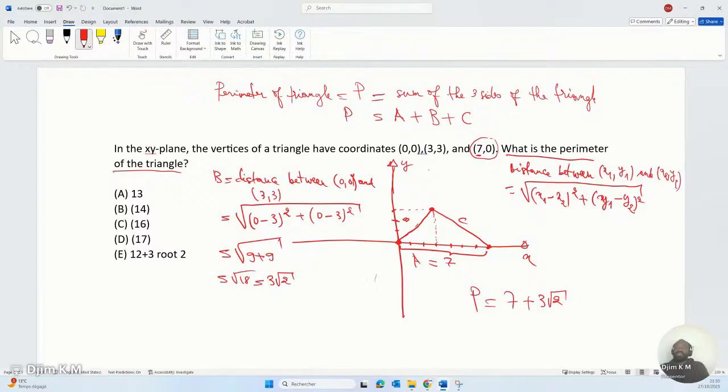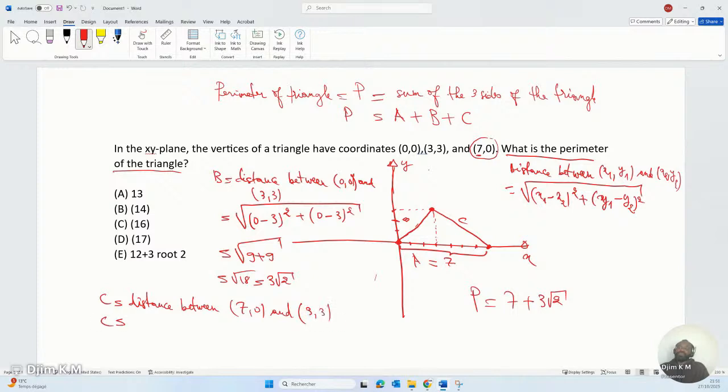And we need to find C. C is the distance between 7, 0 and 3, 3.